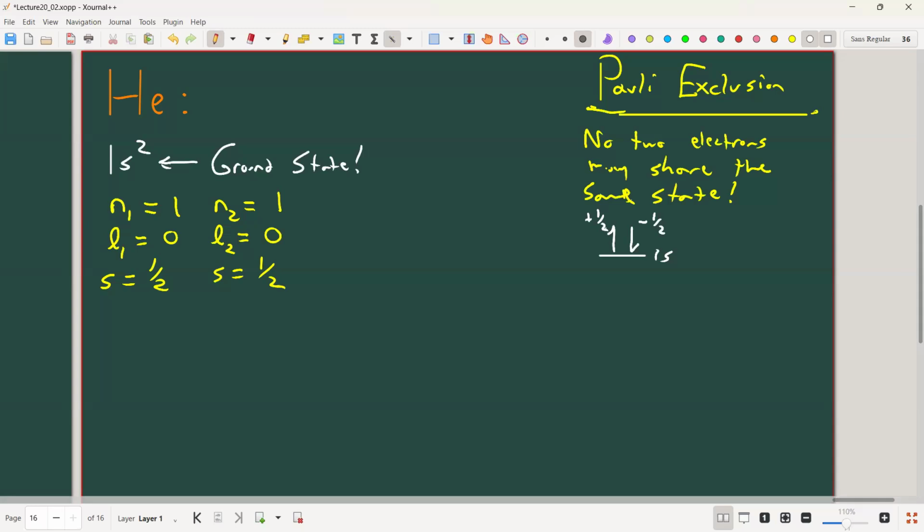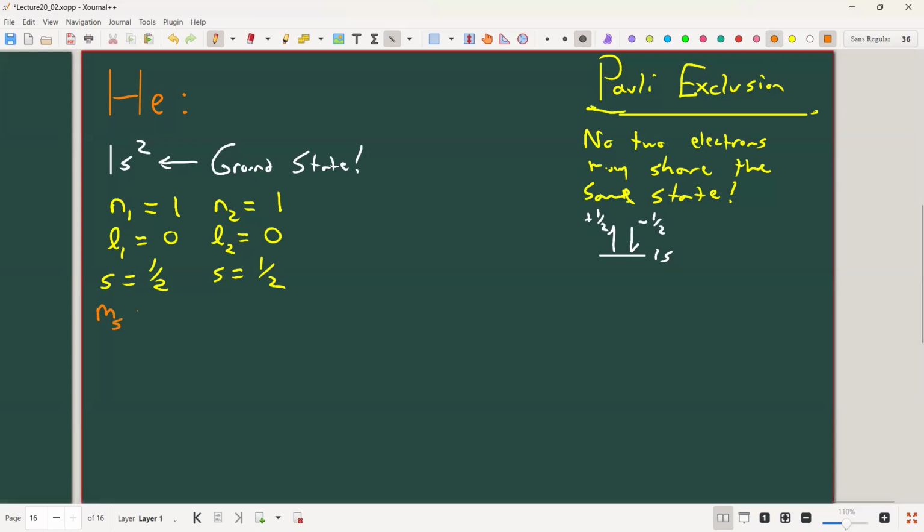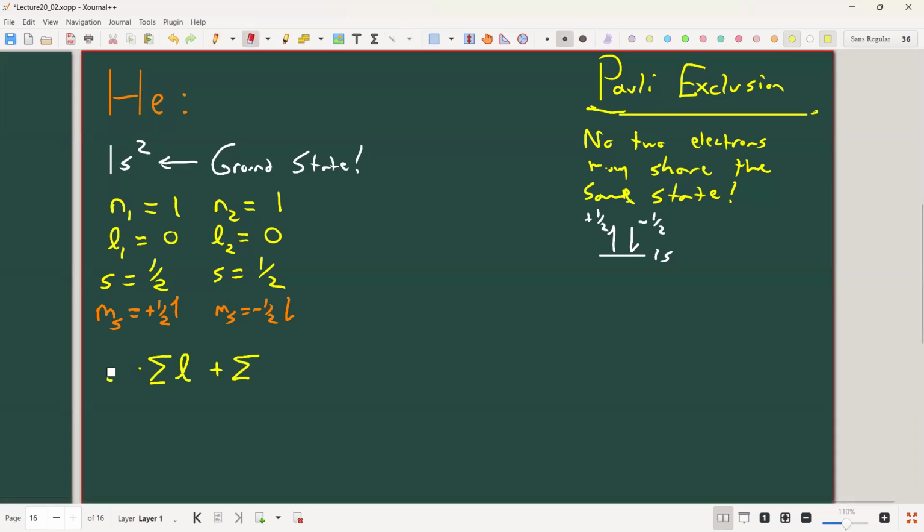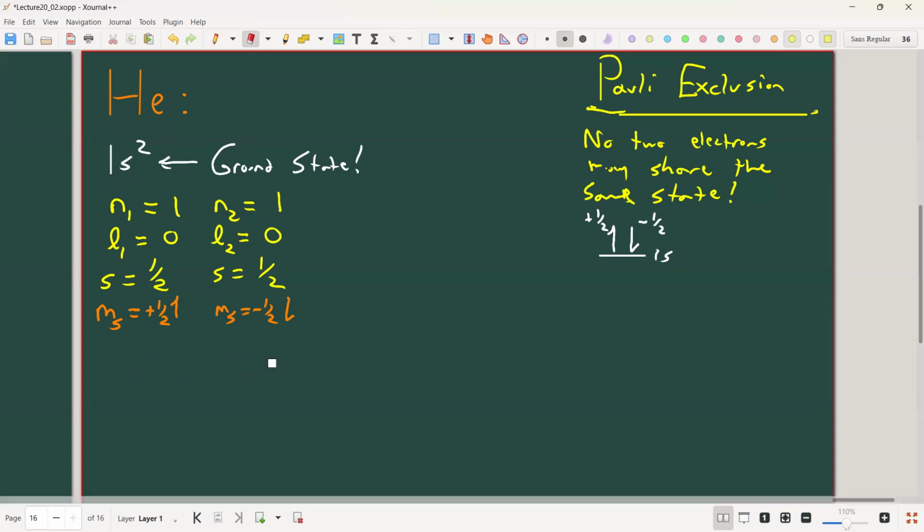So for a two electron system, we need to think about the spin projection on the z-axis. So we think about m sub s, and we'll say one is plus 1/2, which is spin up, and one is minus 1/2, spin down. Now let's calculate J. Actually, what we should say is let's sum over the m sub j's instead.